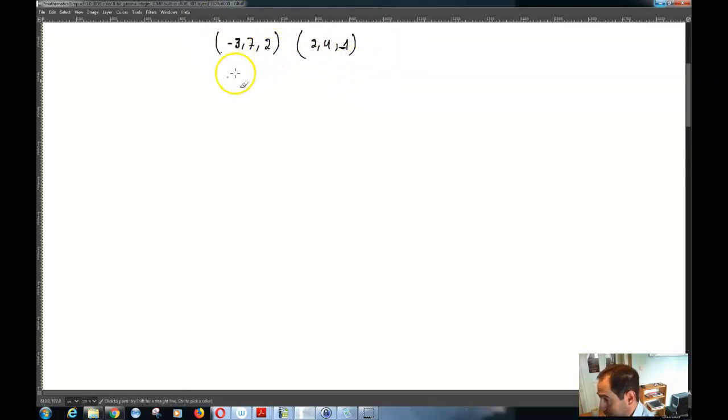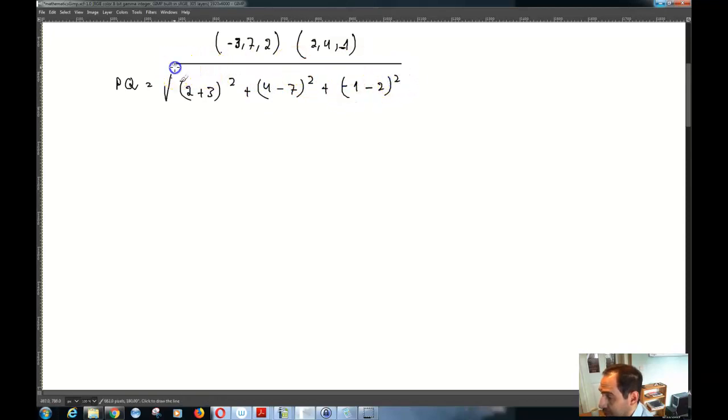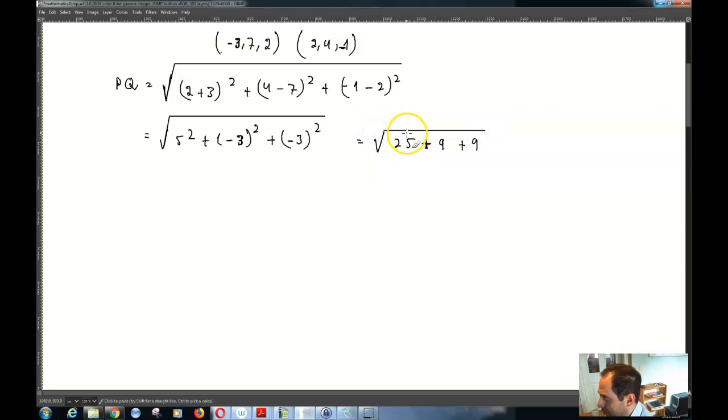Here again, PQ is equal to the square root of (2 plus 3) whole squared plus (4 minus 7) whole squared plus (negative 1 minus 2) whole squared, which is equal to 5 squared, negative 3 whole squared, negative 3 whole squared, which is equal to 25 plus 9 plus 9, that's 18, plus 25 is equal to 43. The square root of 43.